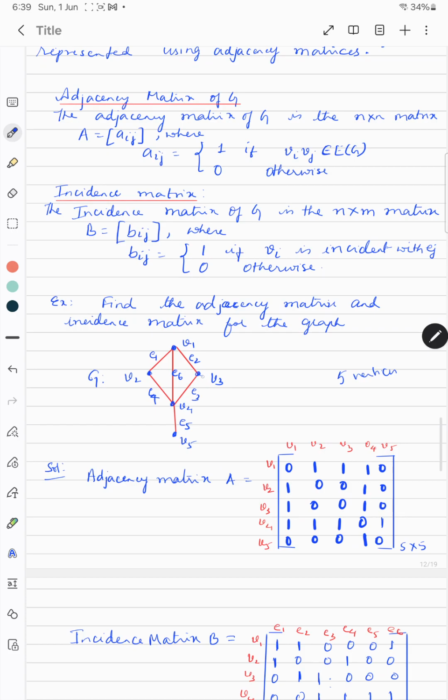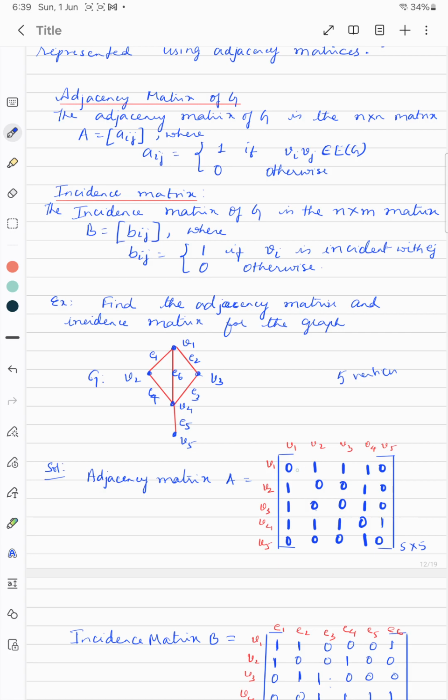Similarly, V3, V1 is 1. V3, V2 is 0. V3, V3 is 0. V3, V4 is 1. V3, V5 is 0. Similarly, we can write for V4 and V5 with all the other vertices. Such a resulting matrix is called the adjacency matrix of the graph G.